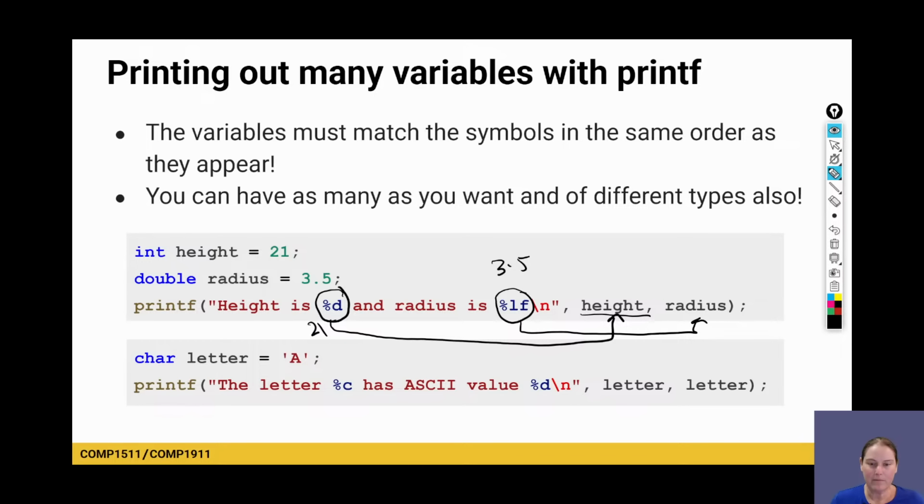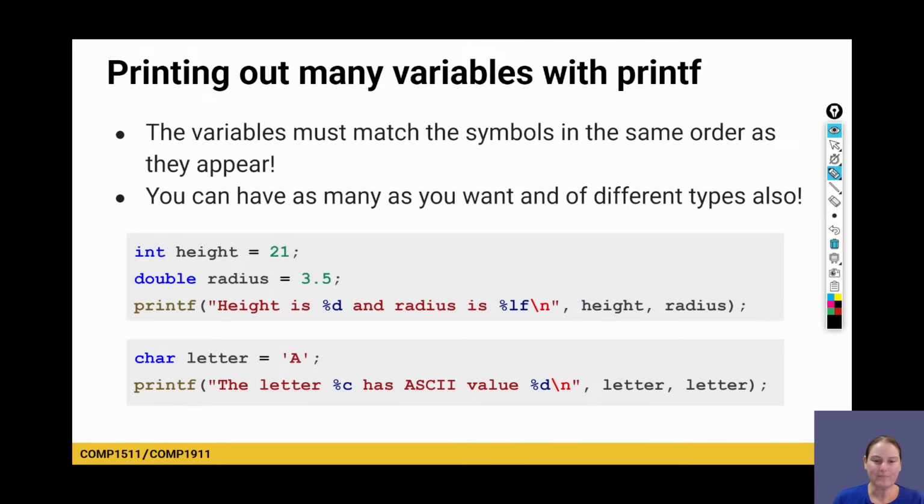It should all match up nicely. If you don't, it won't compile. Like if you forget to put these variables in and you just have this, the C compiler will say, I don't know what these values are that you want me to print, and it won't compile.